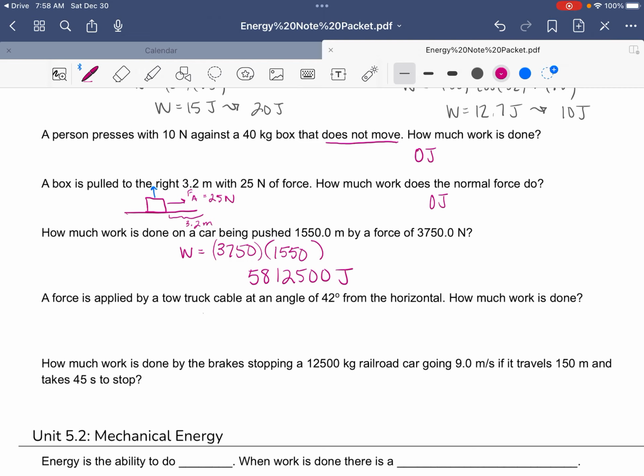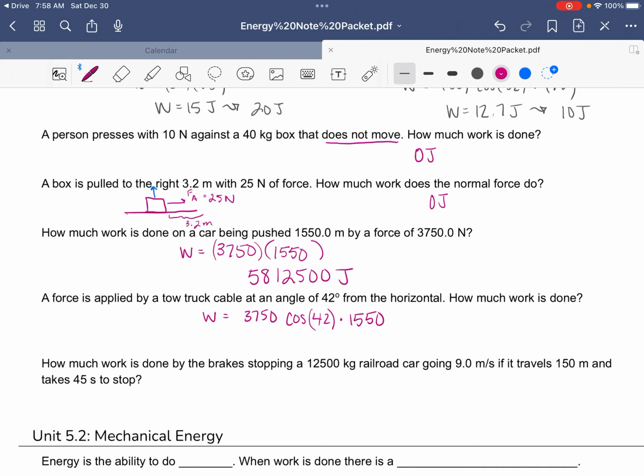Okay, so our work is equal to our force times cosine of our angle times our distance, which was the 1,550. Right, so placing this in my calculator, 3,750 times cosine of 42 times 1,550.